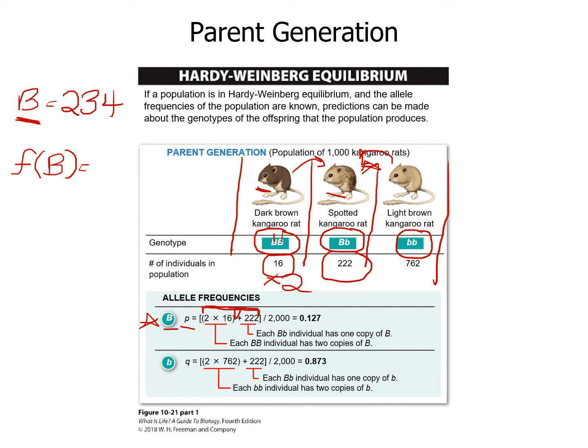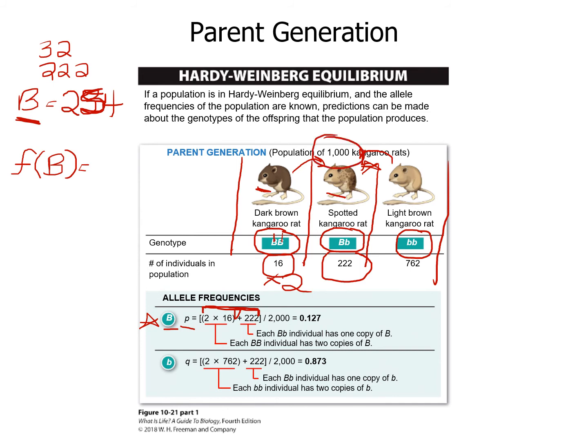Let me just double check. 32 plus 222. Nope. This should be a 5. My bad, guys. So we've got 254 capital B's in our whole population of 1,000 kangaroo rats.